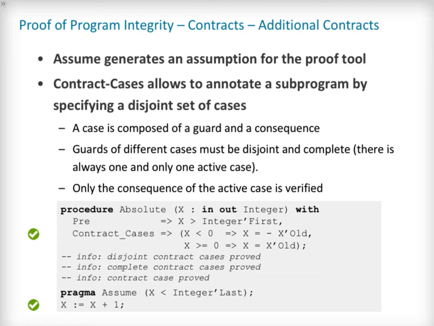At each call of the subprogram, there must be one and only one case for which the guard evaluates to true. The consequence of this case is the only one that should hold on exit. In GNATprove, validity as well as disjointness and completeness of the contract cases are verified only once in the context of the subprogram's precondition.